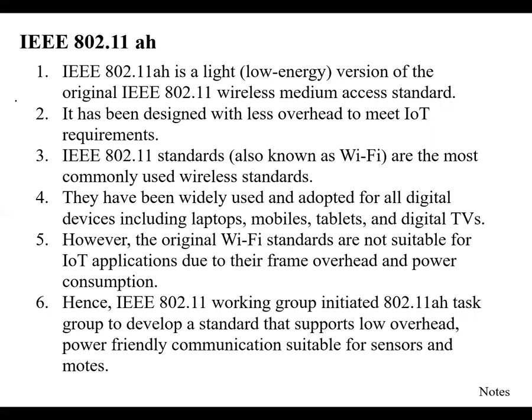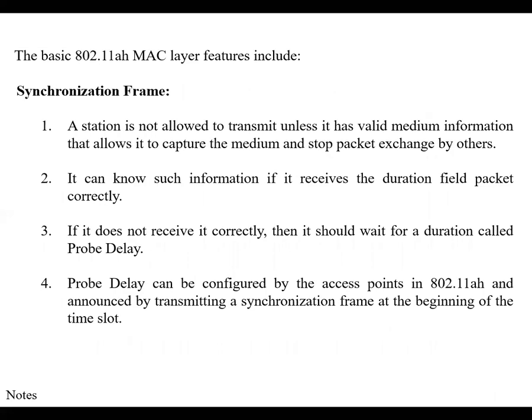Yeah, so you can read from the slide. It's not that complex. So synchronization from the basic 802.11ah MAC layer features: a station is not allowed to transmit unless it has valid medium information that allows it to capture the medium and stop packet exchange by others.